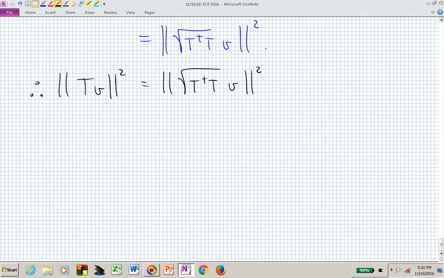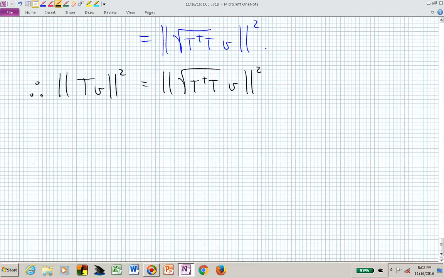Have you changed the contraction or expansion of this TV or this map T by the square root of T dagger T? No, whatever T does to the vector V, the square root of T dagger T does exactly the same. We've preserved the norm behavior.